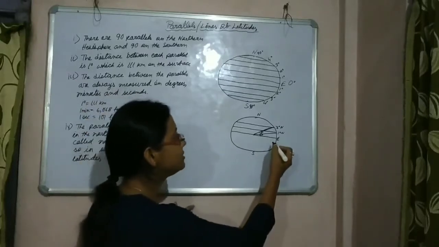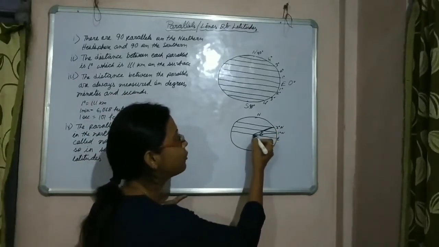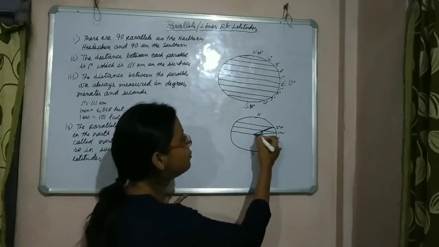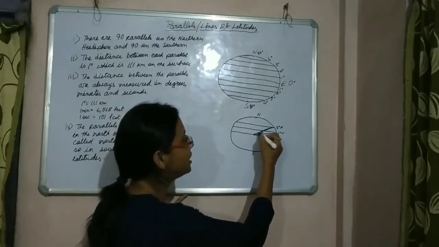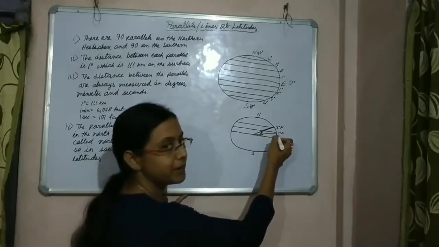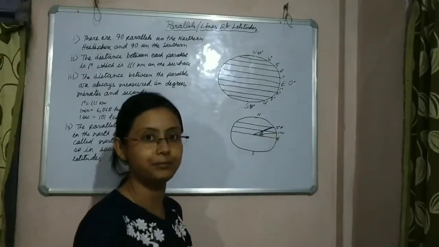So here we can see I have drawn the 1 degree N parallel and the 2 degree N parallel, and we have taken the reference of the center of the earth. From this center, when we draw a straight line up to the first parallel from the equator, the angle which is formed here measures 1 degree.